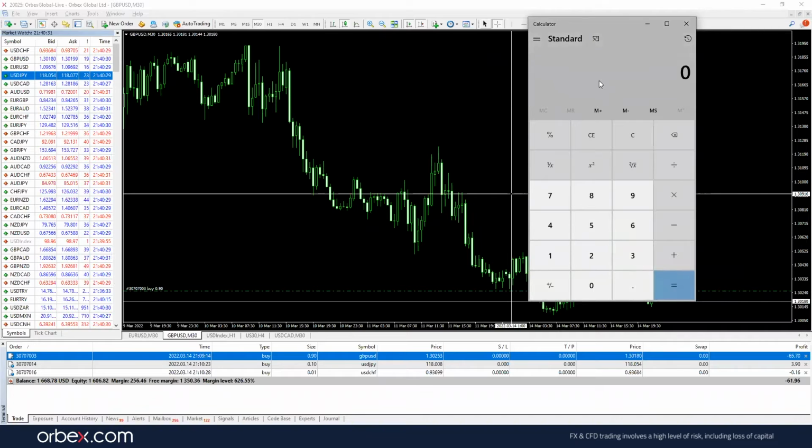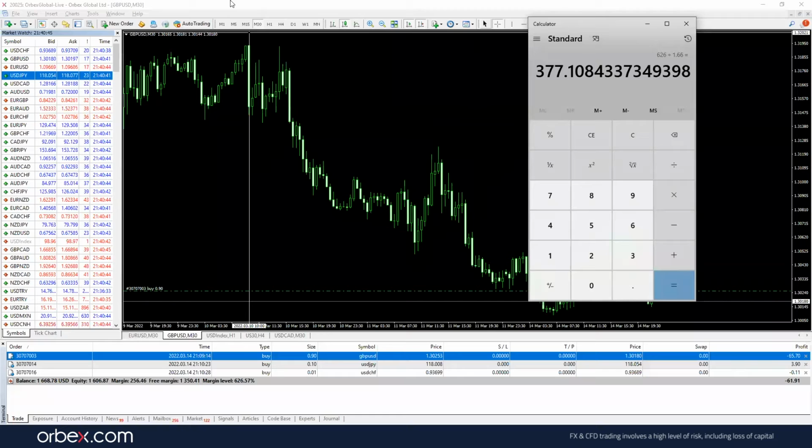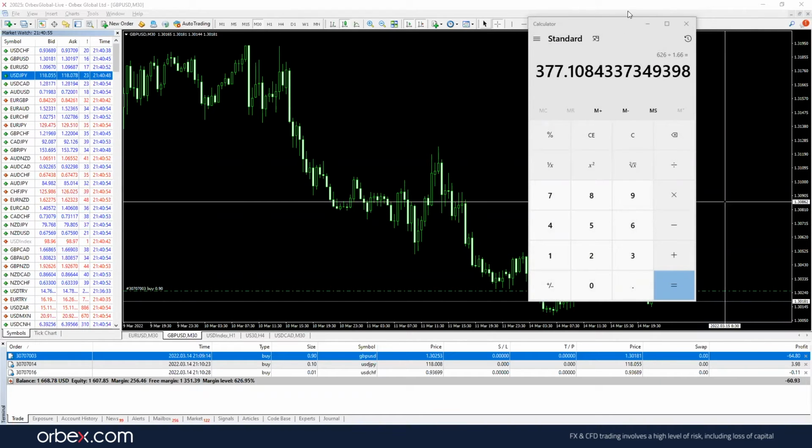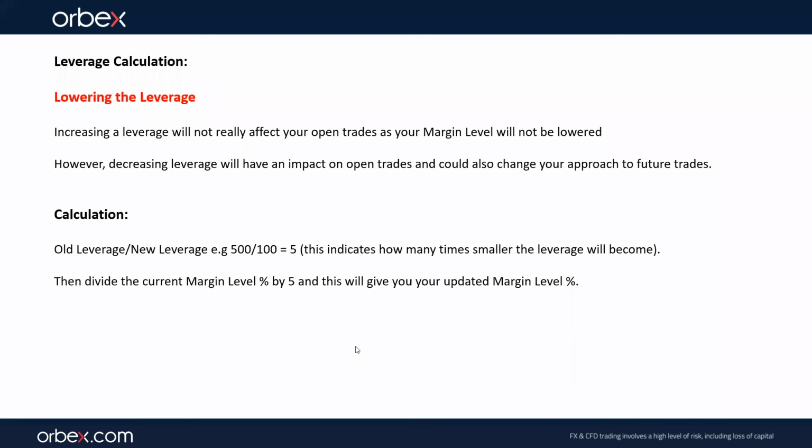So then I would get 626, which is my current margin level, divided by 1.66, and this will give me 377. You can see it's a little bit less precarious, a little bit less risky, 377 if I wanted to lower my margin level as well. So this will give you a little bit less to play around with. So I hope that clears up what we're doing when we are lowering leverages as well.